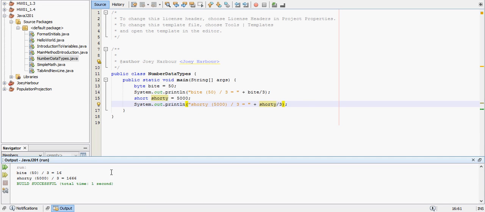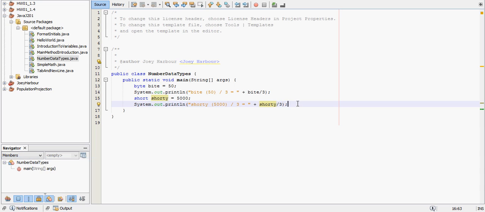This would be 0.66666, just going forever. We'll put some comments on here for you so you know exactly what everything is. I'll move that up a line.